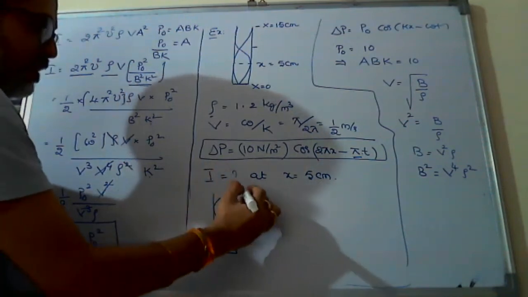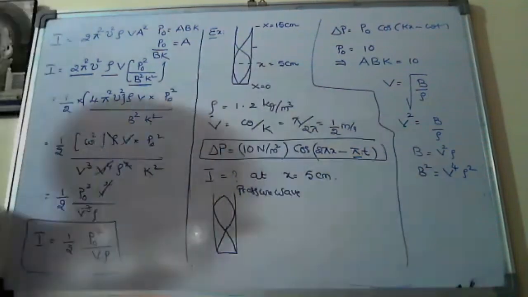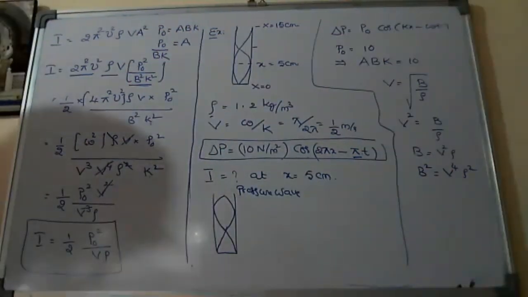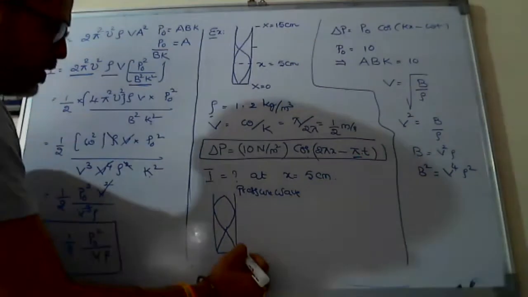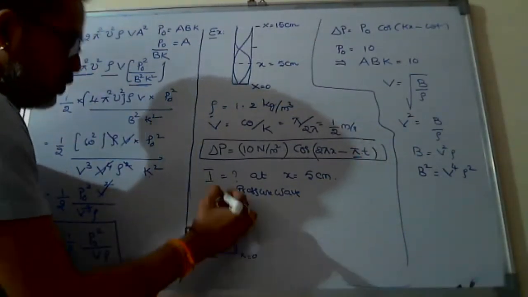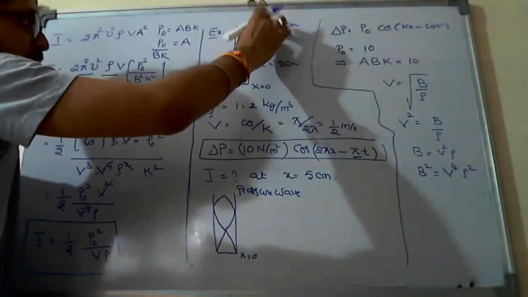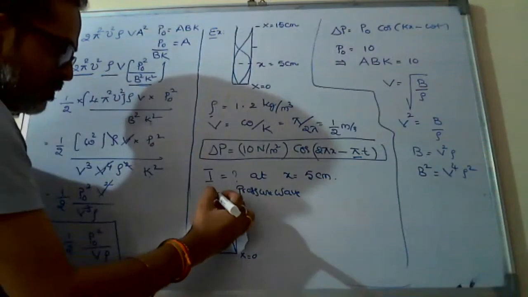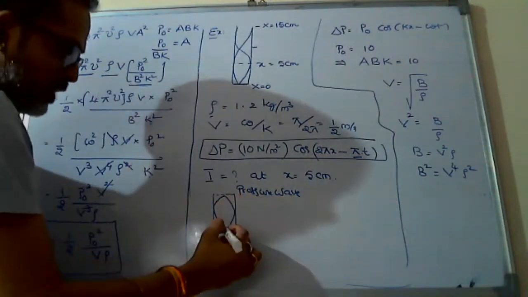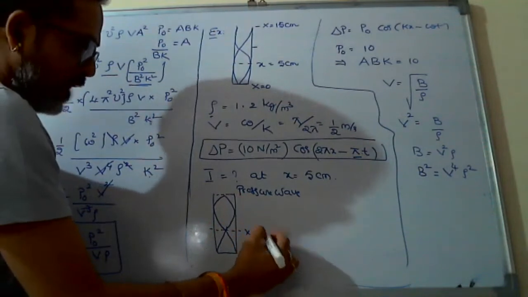This is the pressure wave in the given question. If you see here, x is equal to 0 and x is equal to total, this is given as 15 now. 15 means here 0, and this will be exactly x is equal to 5.